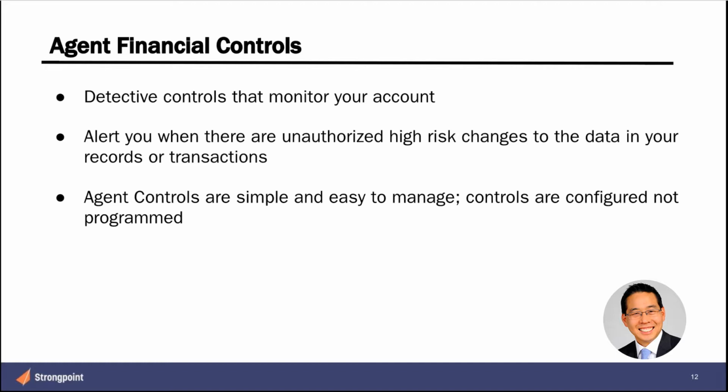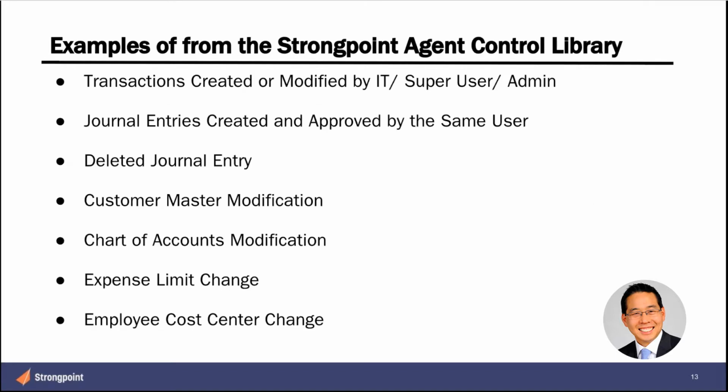Right. So again, one of the things that we run across a lot these days is auditors saying, look, we want to know all transactions created or modified by people in IT or super users or admin, right? Because if an admin goes, and even if they're not using the admin role, they start modifying transactions or data, that's potentially a dangerous thing.